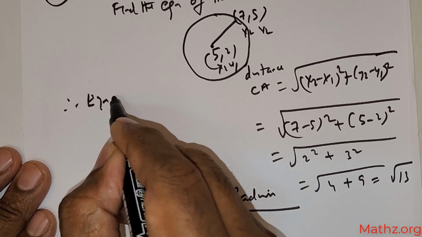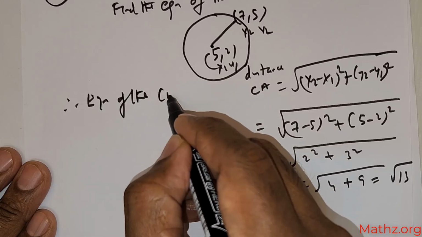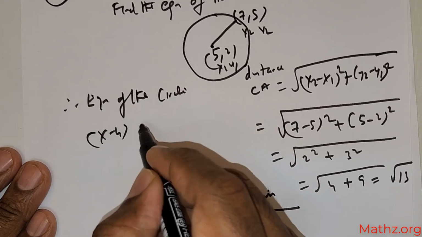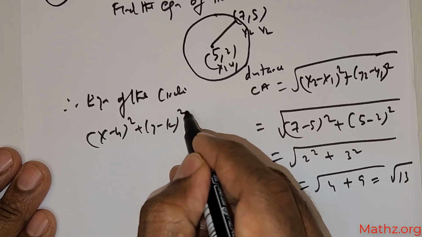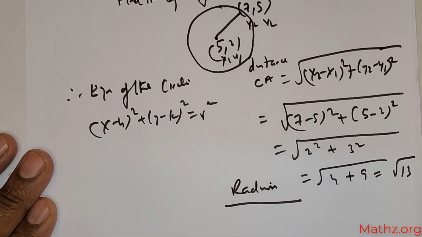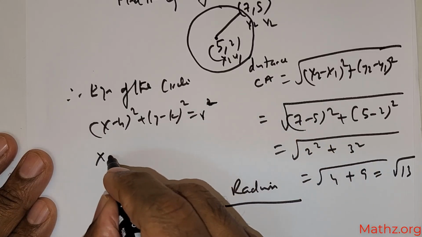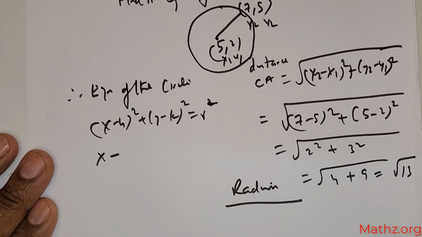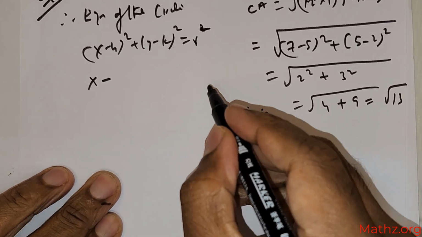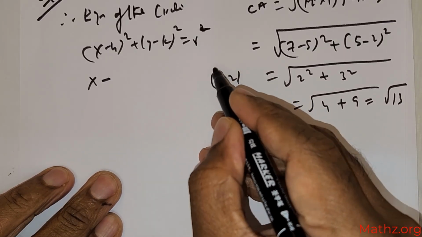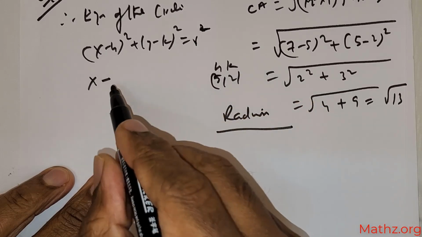So therefore the equation of the circle is (x minus h) the whole squared plus (y minus k) the whole squared is equal to r squared. Now since the center is 5, 2, my h will be 5, k will be 2.